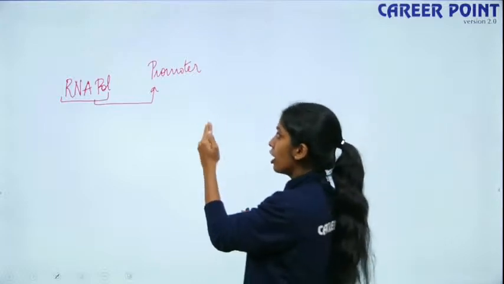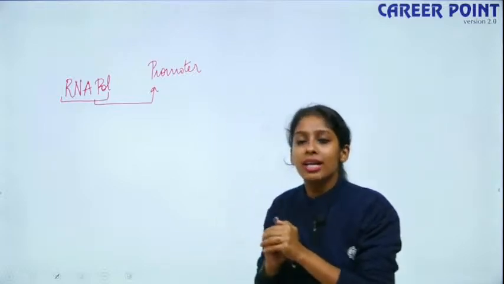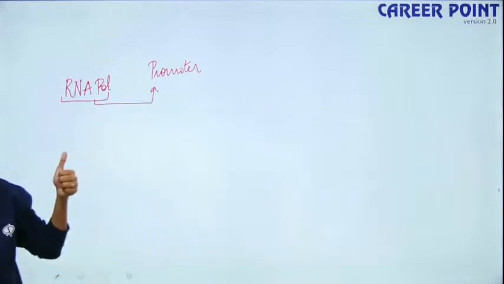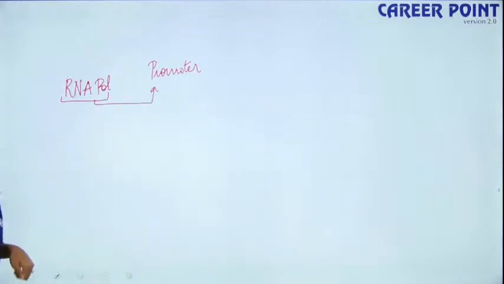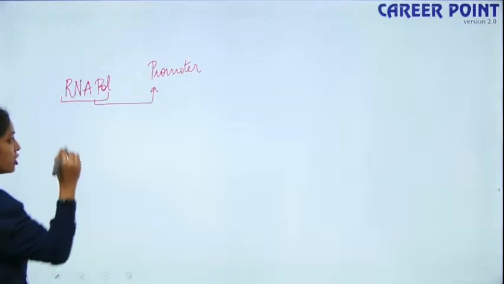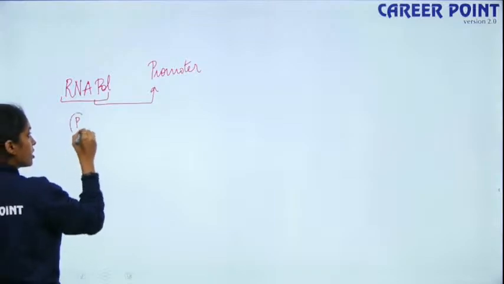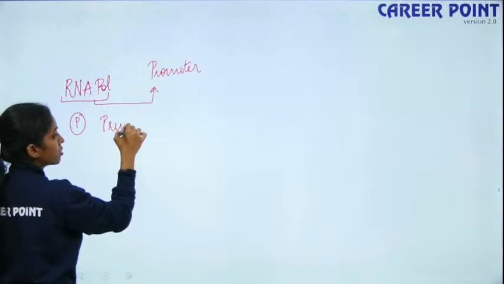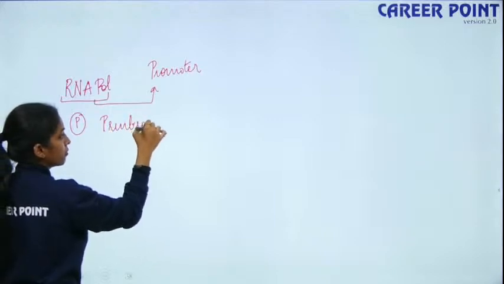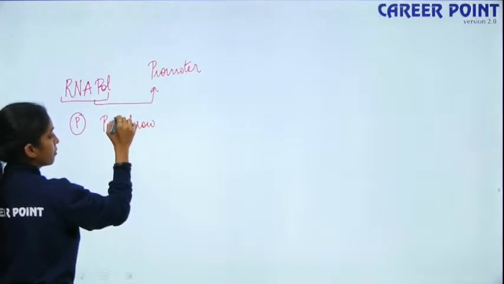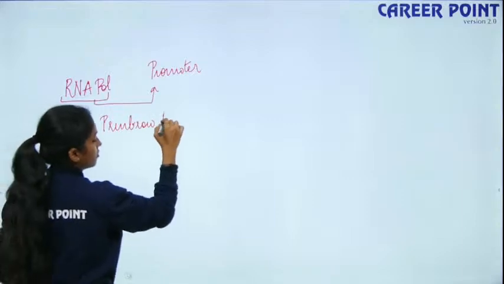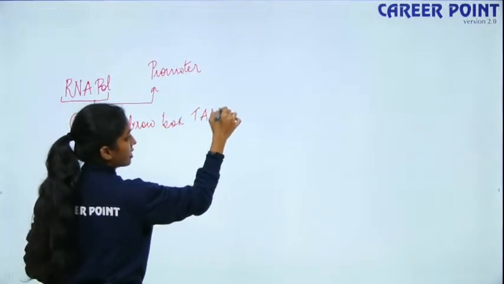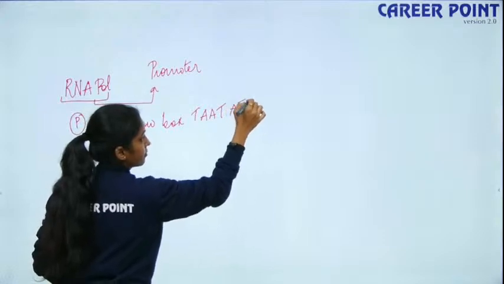So, how will your RNA polymerase recognize the promoter? In eukaryotes and prokaryotes, the recognition sequence is different. In prokaryotes, you have the Pribnow box, T-A-A-T-A-T.